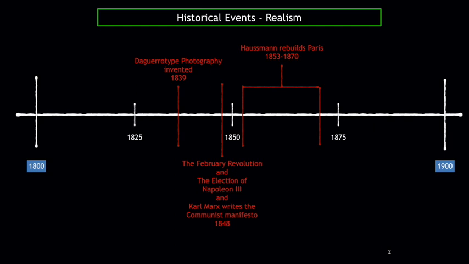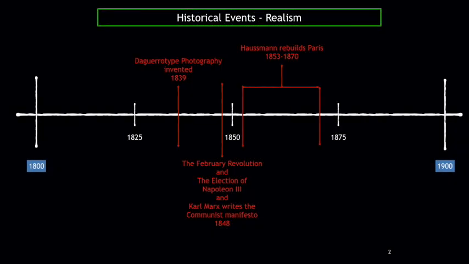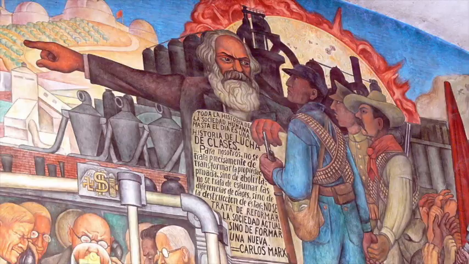And finally, there were a lot of revolutionary philosophical ideas floating around in the world at this time. And probably the most revolutionary of them was Karl Marx's Communist Manifesto. If you don't know what that is, it's basically a call to arms of the workers of the world to unite. In a nutshell, it is that class struggles are the motivating force behind all historical developments.